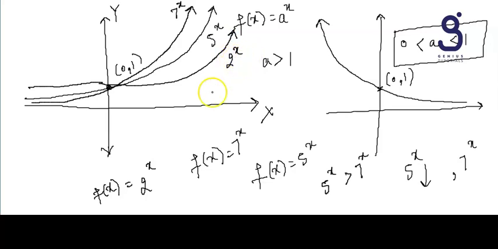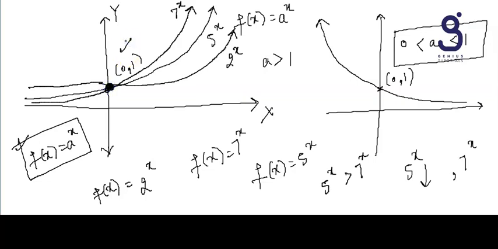So all the exponential functions f(x) = a^x, the graph will be like this only, with slight variations as I described here in 2^x, 5^x, 7^x. But the basic feature is they all pass through this point (0, 1), and for all those values where a lies between 0 and 1, the graph is like this. Clear? Okay.